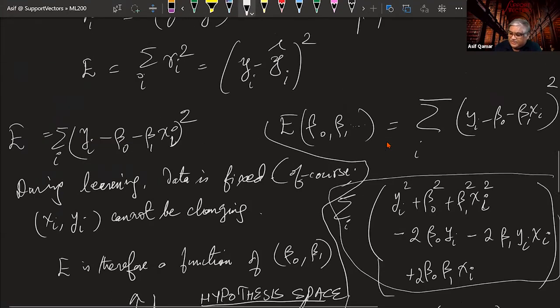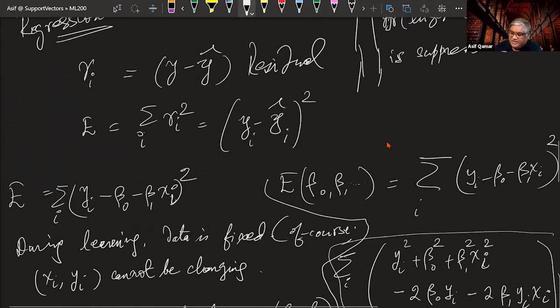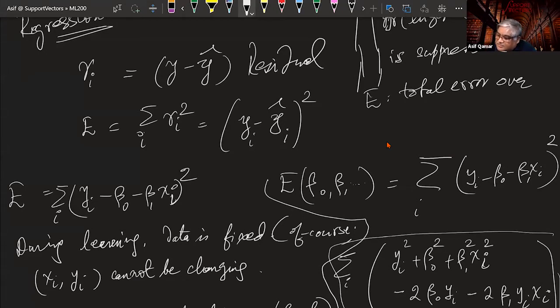Remember, we started out with this derivation. E by definition is the total error over all data points. So this is the total error, which is the sum of squares of all the residuals.